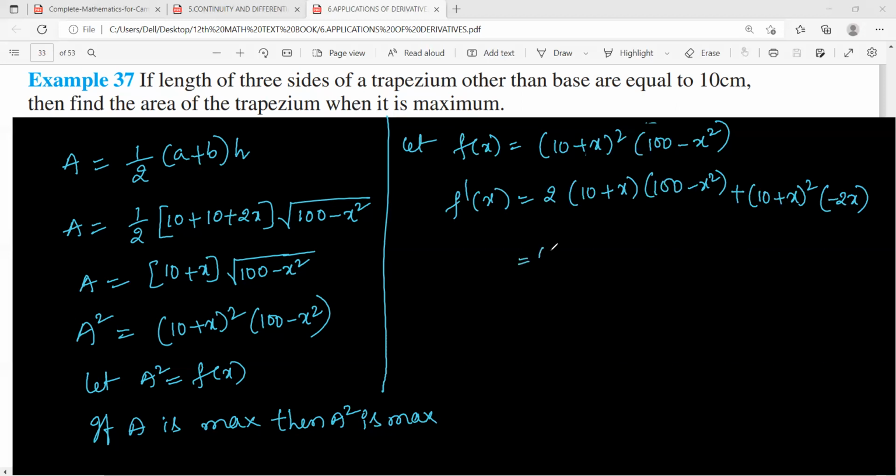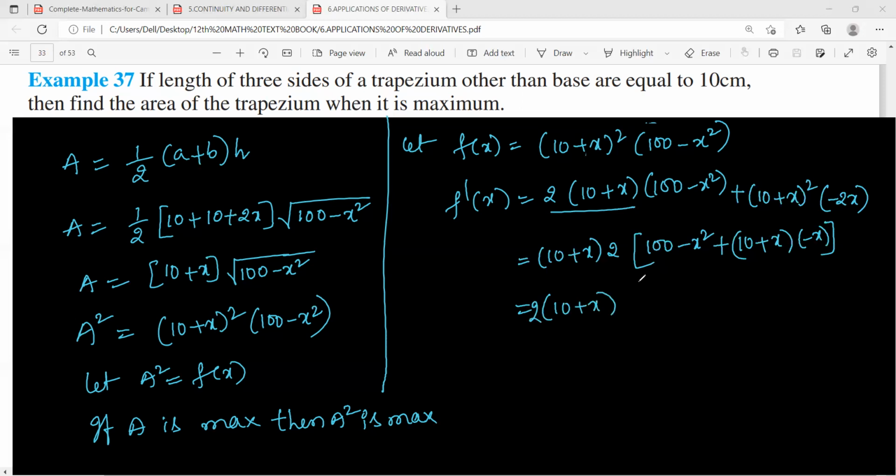Anyway, (10 plus x) is common and 2 is common. What is left? 100 minus x squared, plus (10 plus x) into minus x.